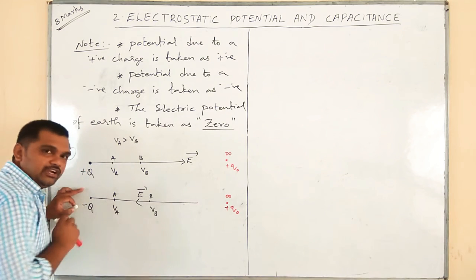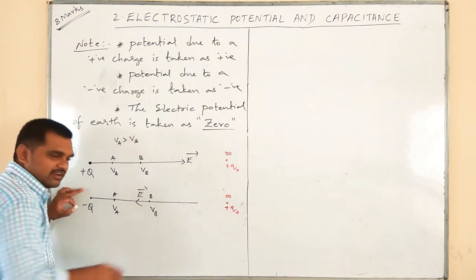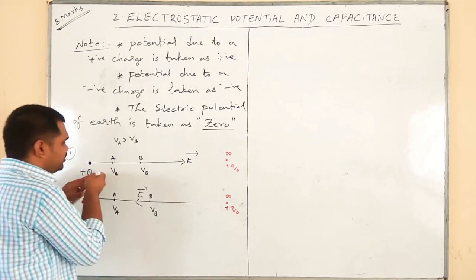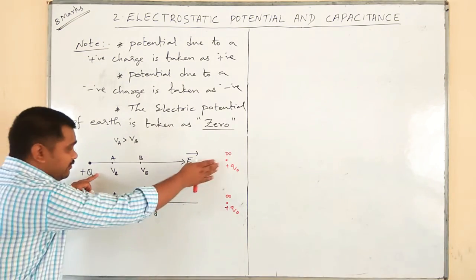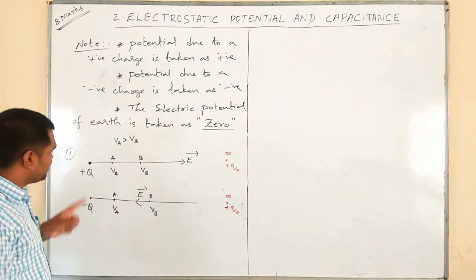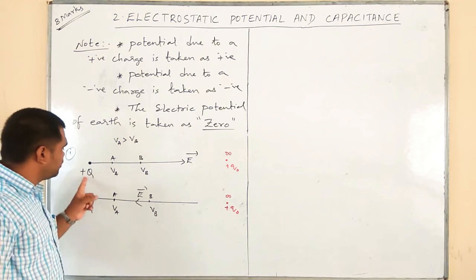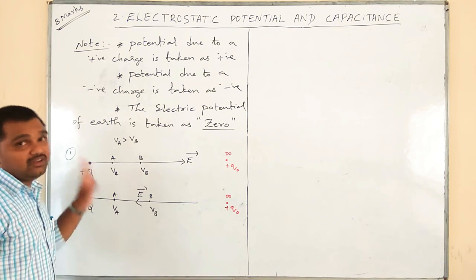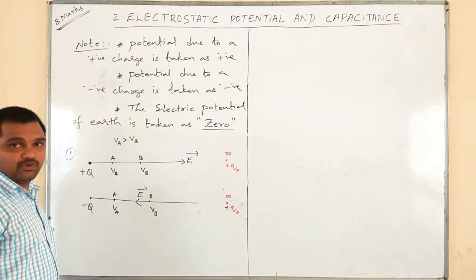Therefore, here we actually need to do no work, so the potential is very less. Here the potential is more because we need to do more work. So actually what we say is the potential due to a positive charge is more compared to the potential due to a negative charge. Okay?